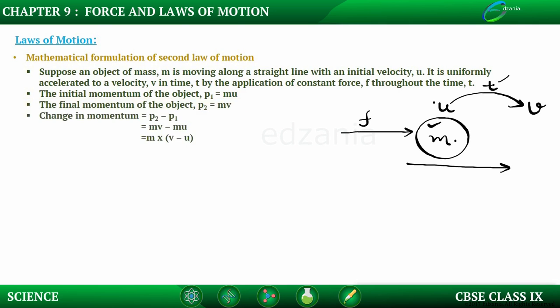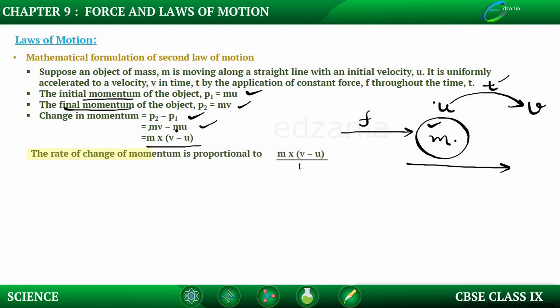Change in momentum will be equal to P2 minus P1. Putting down the values of P2 and P1, it comes out to be mv minus mu. If we take m common, then it comes out to be m into (v minus u).